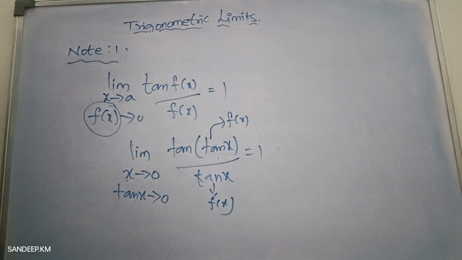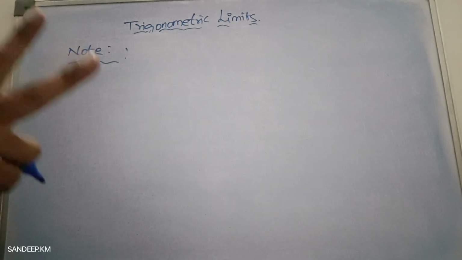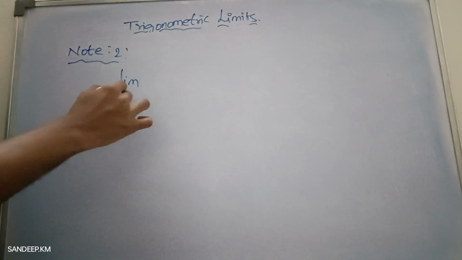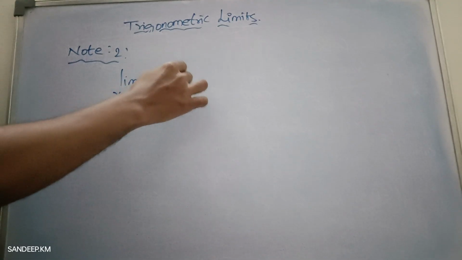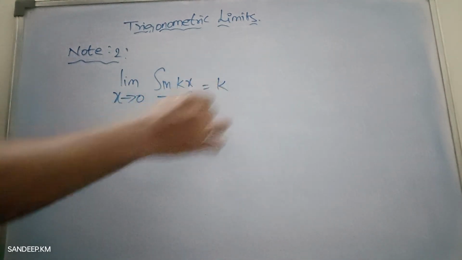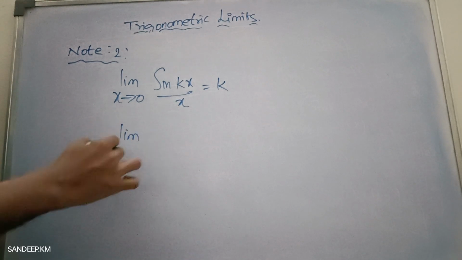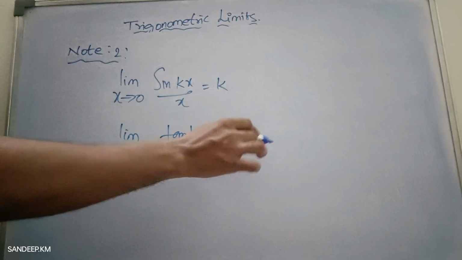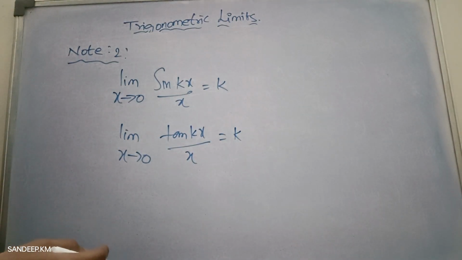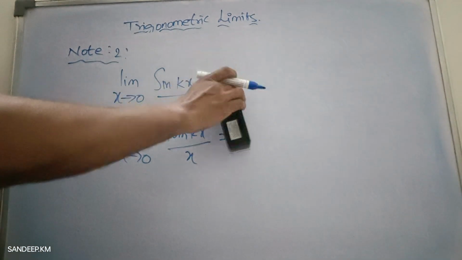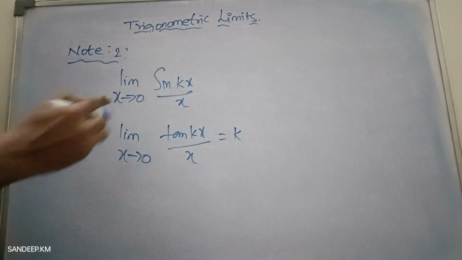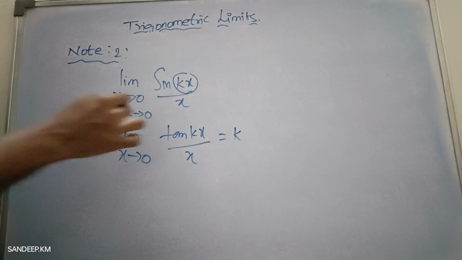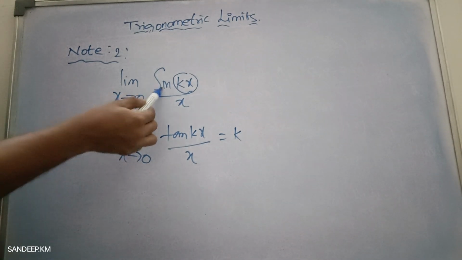Okay, next. Note number 2. Limit x approaches 0, sin kx divided by x is equal to k. Limit x approaches 0, tan kx by x is equal to k. Sir, how can we prove it? Very simple. When x is approaching 0, kx is also approaching 0, so it is in the form of sin f(x).